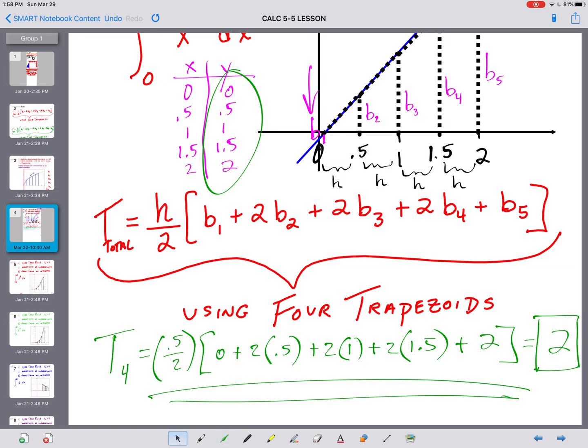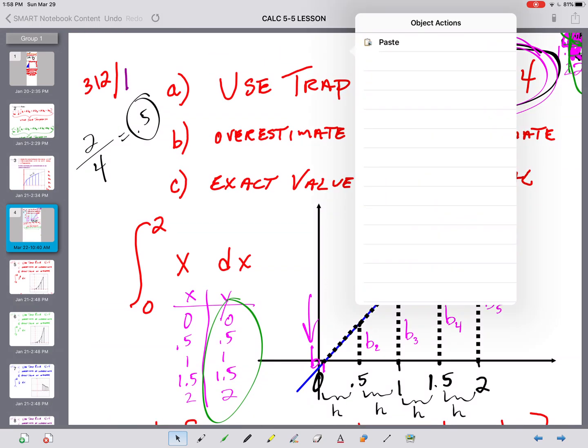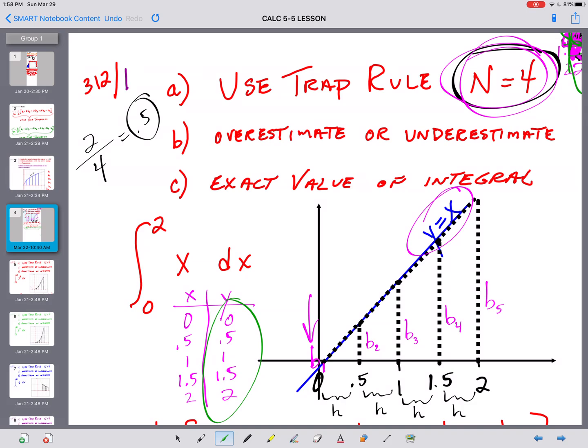Now, let's go back up and look at that. T4 equals 2. Now, is it an overestimate or an underestimate? What tells you that are these lines right here that I'm circling.